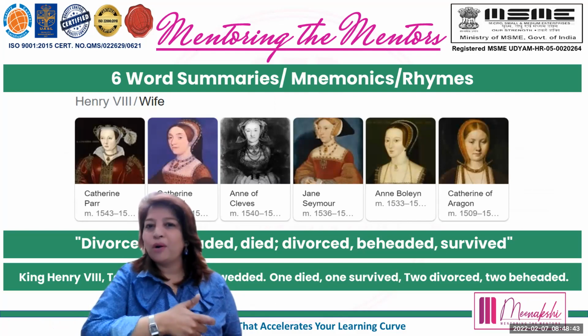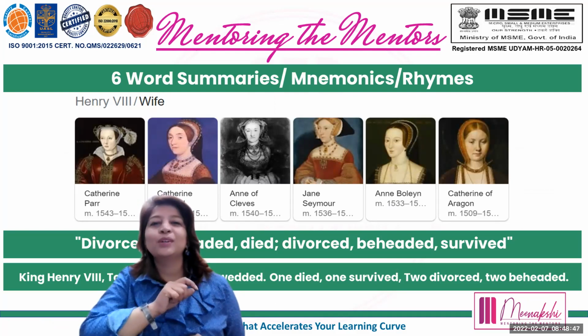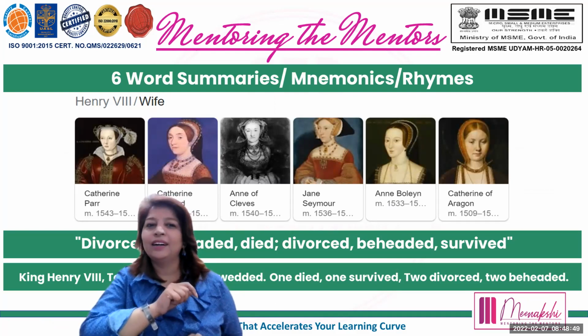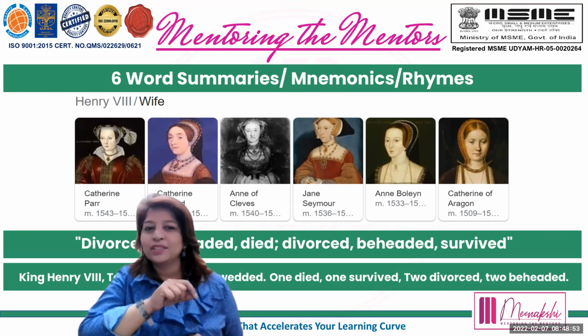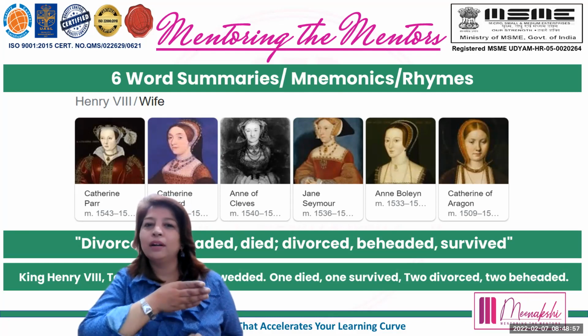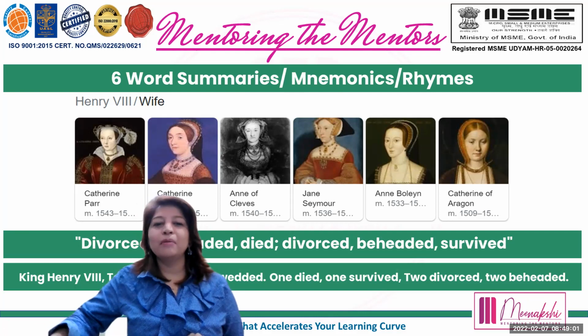They can create their own mnemonics, or rhymes, or whatever they would like to. I would like to give you one example here. Henry the Eighth, we are talking about his wives. He had 6 wives. Now, how to remember what happened with his wives? Here is a mnemonic that you can easily find on the internet.